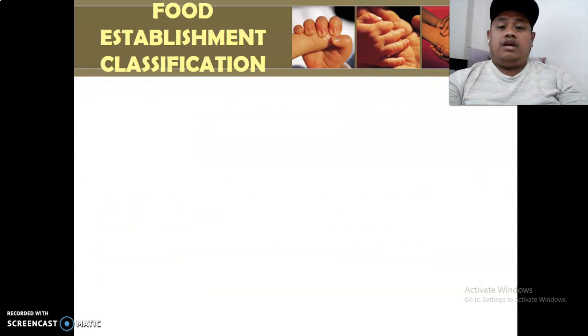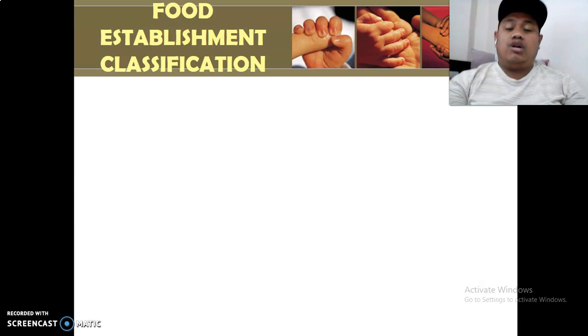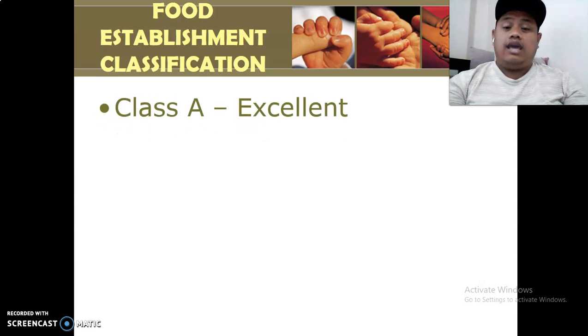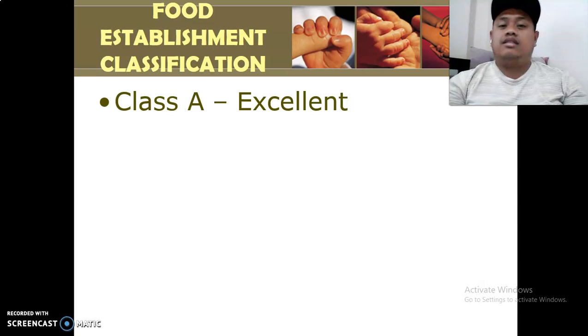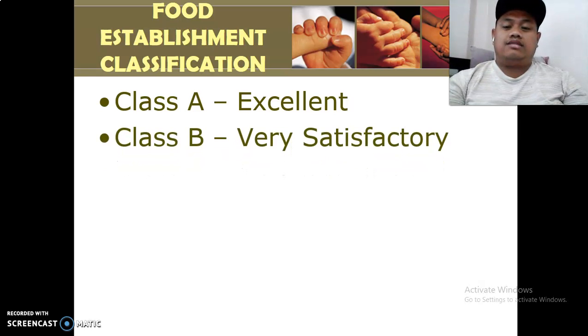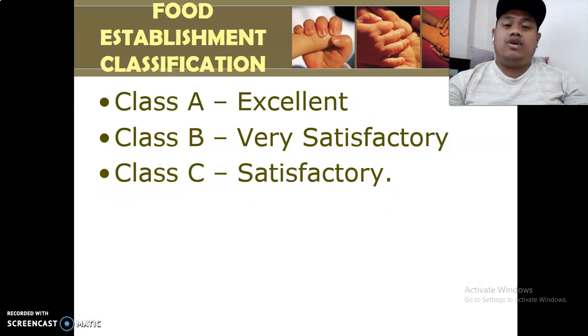Now, each food establishment, still according to the policies, will be classified according to their level of following the prescribed guidelines and policies. They will be classified as Class A if they have an excellent status in terms of following the sanitation practices, Class B if they have a very satisfactory result in following the guidelines, and Class C if they only have satisfactory.